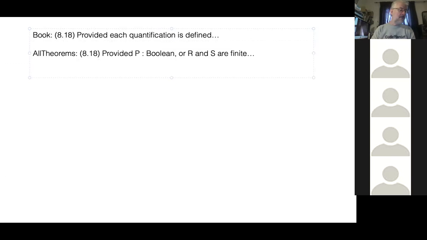and then both of them provide the rule itself, which is star X, R or S, P equals star X, R, star X, S, P. And again, I'm using star for star, not star for multiplication, because I don't have a star character.